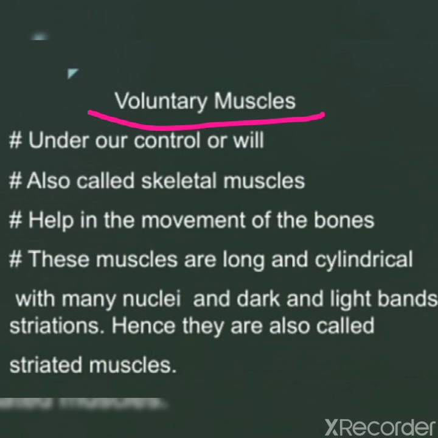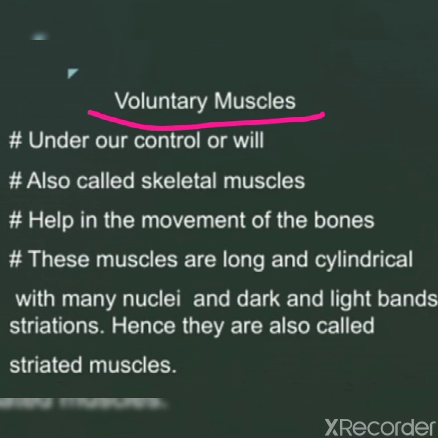These muscles are under our control or will. They are present in our legs and hands. Whenever we need to run, walk or jump, we can do so according to our will, because voluntary muscles are present in the leg and hand.